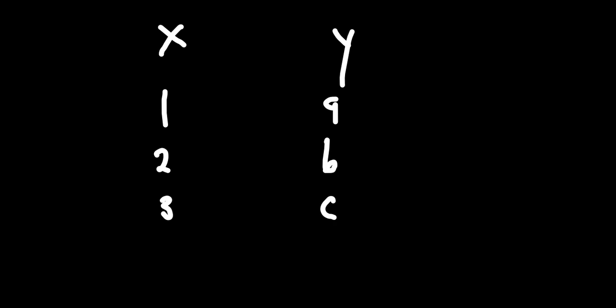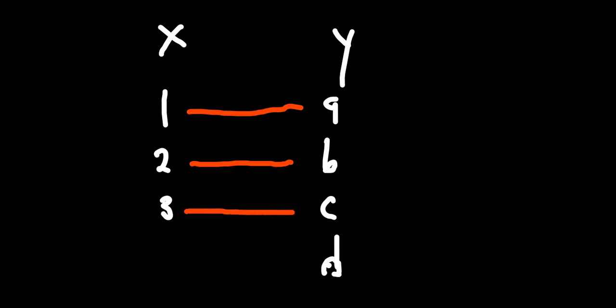Let's say you also have a d in this case. Then how are they relating? 1 is mapping with a, 2 is mapping with b, 3 is mapping to c, and 3 is also mapping to d.